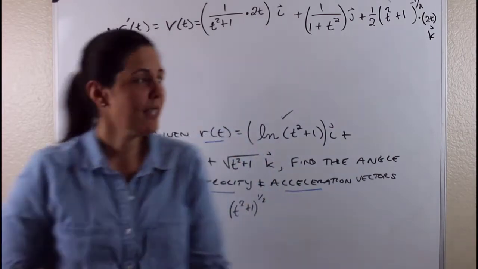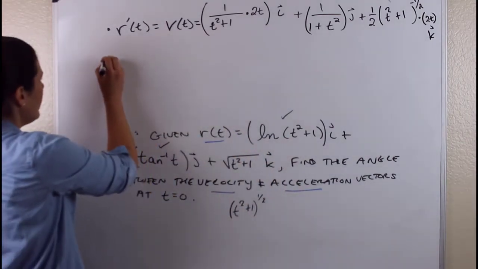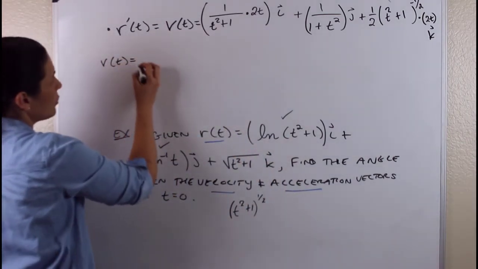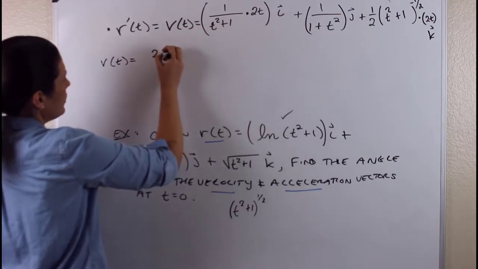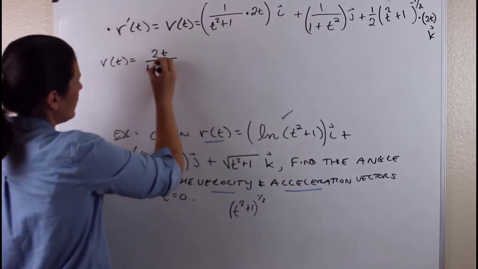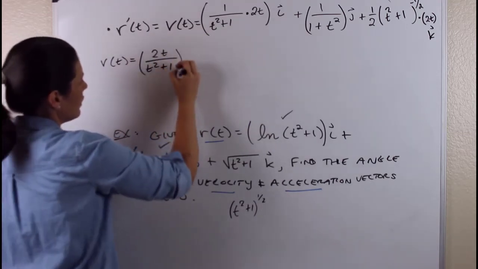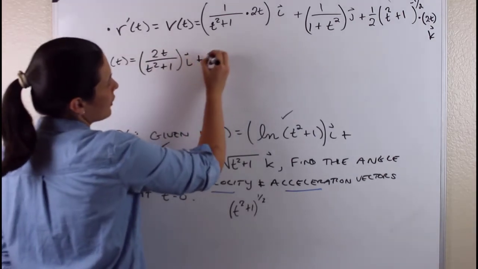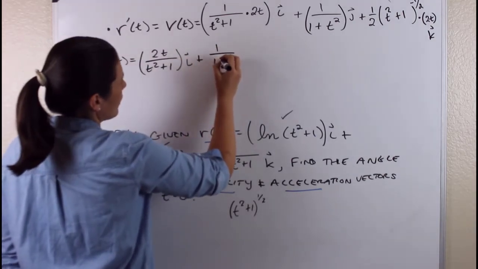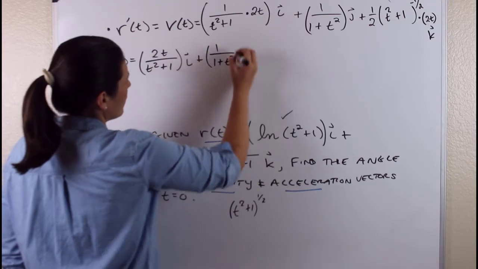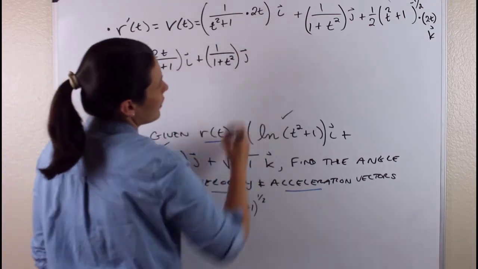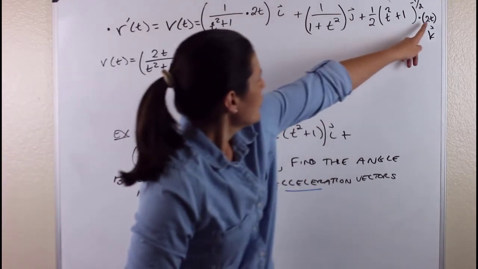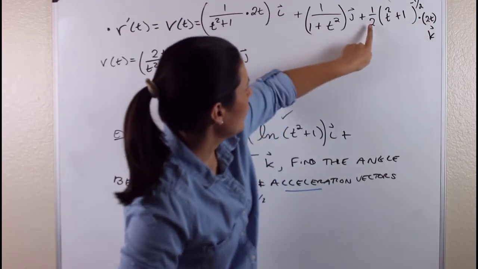Okay, let's make that look a whole lot better. So v of t equals 2t over t squared plus 1, i, plus 1 over 1 plus t squared, j. And then in the back here, there's a 2 on top, then a 1/2 here.